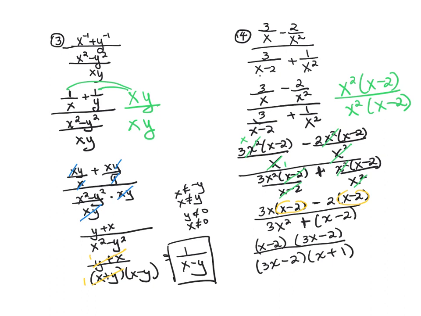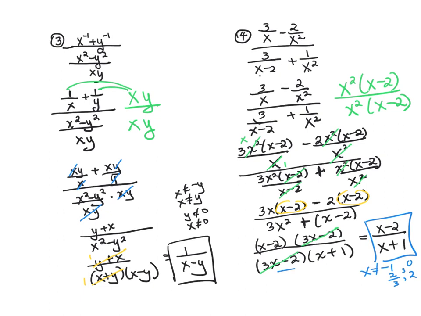And we can divide through here the 3x minus 2's. And our final answer is x minus 2 over x plus 1. And the understanding is that x cannot equal negative 1. X cannot equal 2/3 to make this denominator 0. X cannot equal 0. And x cannot equal 2. And those would be the restrictions.